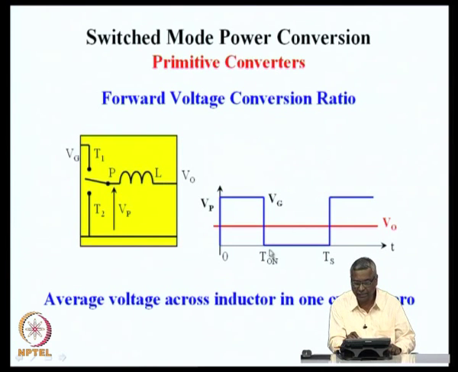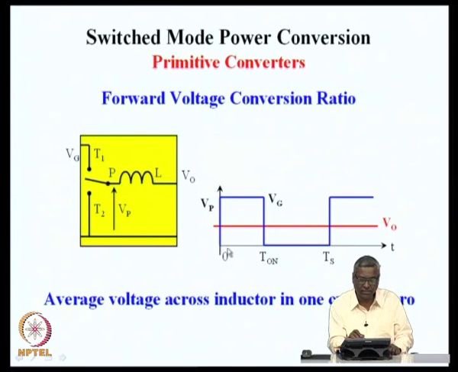And what we see here is that in one cycle during the on period, the voltage across the inductor is Vg on one end and V naught on the other end, and during the off period of the converter, the voltage across the inductor is 0 on one end and V naught at the other end. The right hand side voltage on the inductor is always V naught, shown by the red line here.